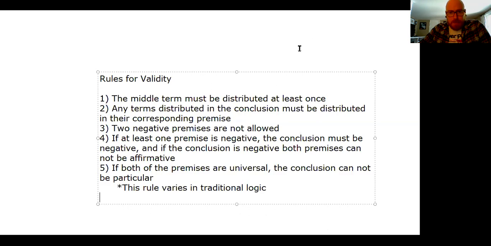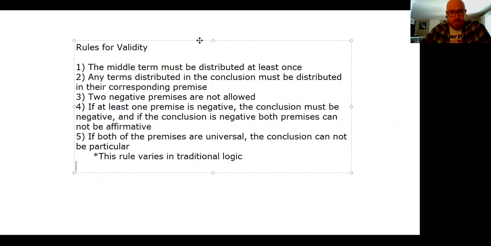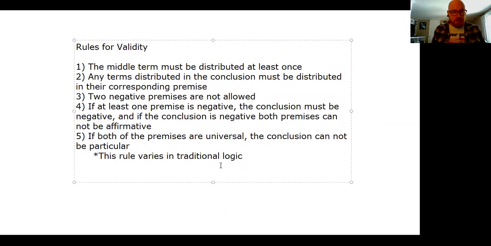Okay. So let me give you a couple of examples here. All right. So let's go with an AAA4 here. Okay. So in figure 4, the major premise is an A. So in figure 4, the middle term is the predicate.